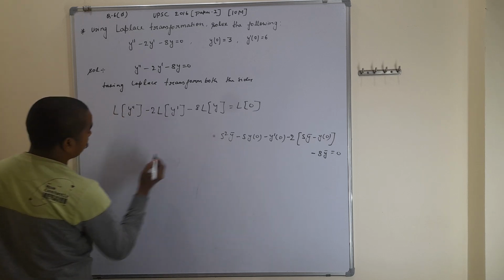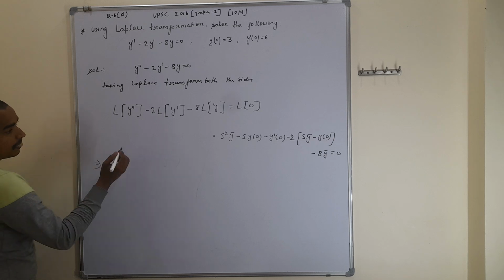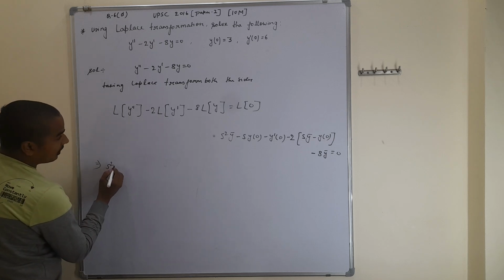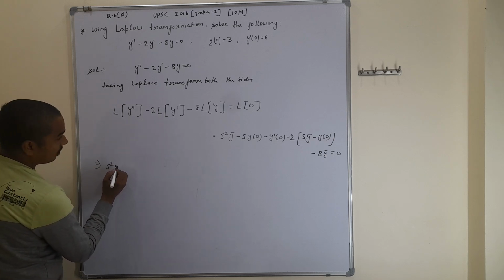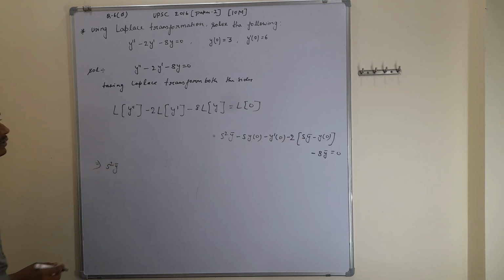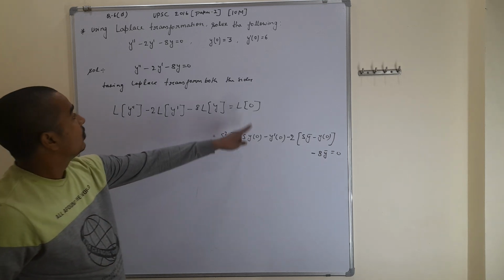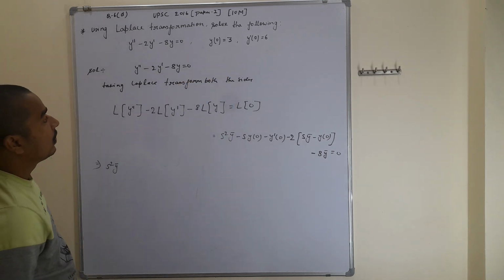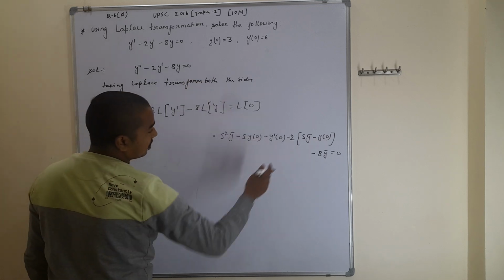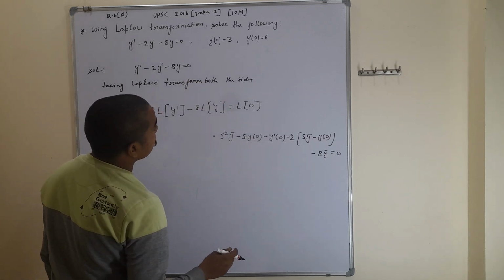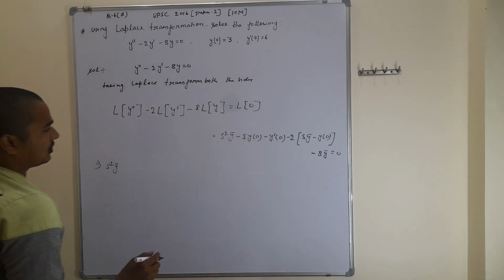Then from here, putting the value of the given conditions, y(0) is 3 and y dash(0) is 6.